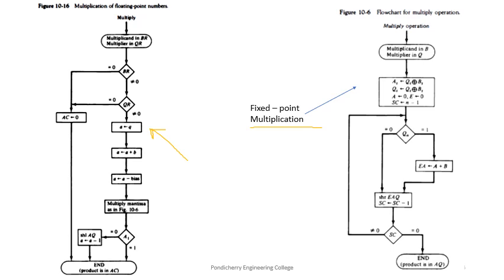We start with the multiplicand in BR and the multiplier in QR as before, and here we check whether the multiplier or multiplicand is 0 or not. If any one of them is 0, we need not do real multiplication. We can straight away make the accumulator content 0. That is, the product is going to be 0 and we stop the process.